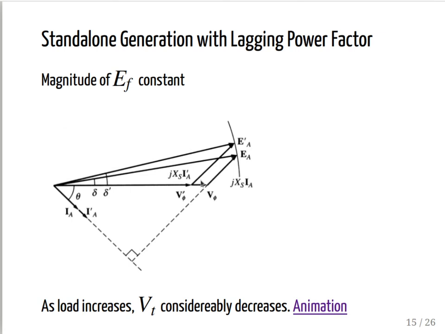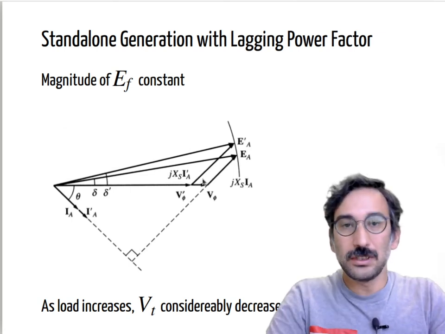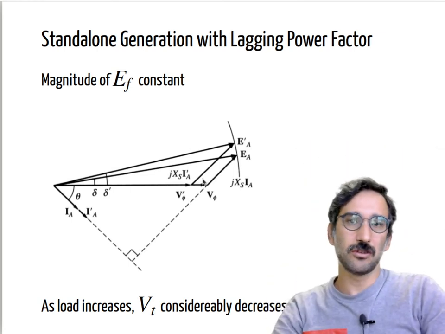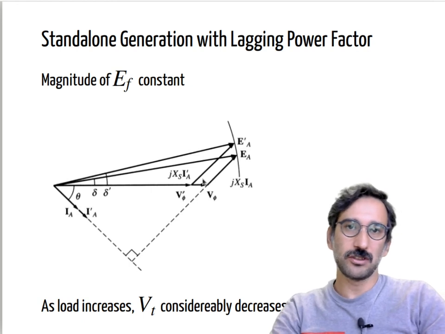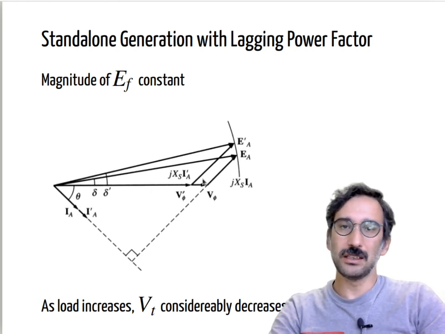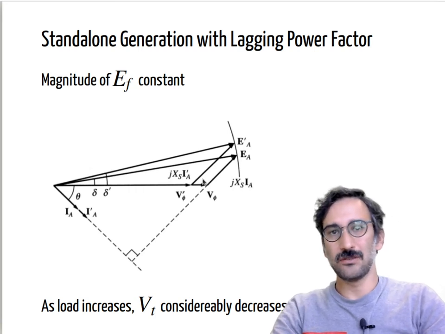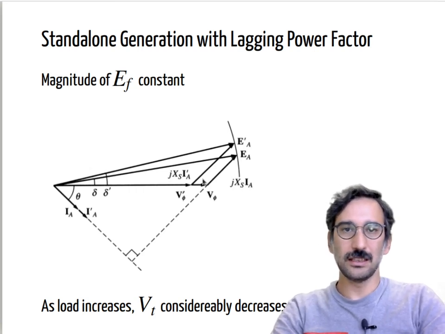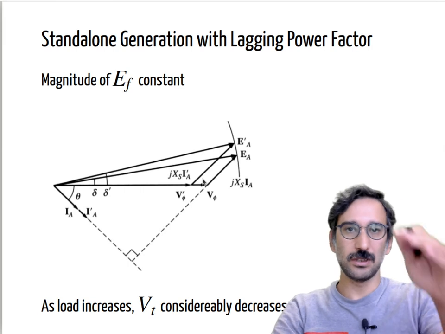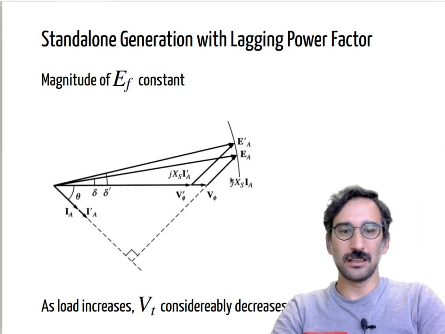It is really similar to what we did with the transformers in the first semester. Remember, voltage regulation was worse with the lagging power factor, it was negative, and with unity power factor it was still negative, so the output voltage was reducing with increased load.